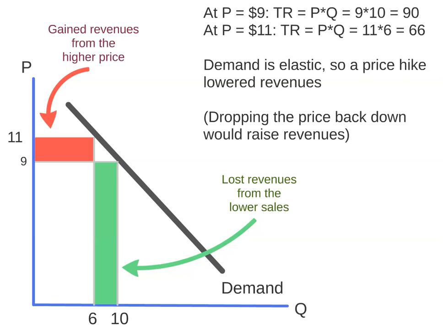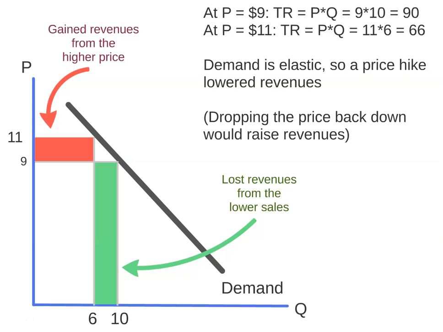That's $9 per unit sold, the length of that green rectangle, times 4 units no longer sold from the higher price. 9 times 4 is 36. So we've lost $36 of revenues by losing those sales, and we've gained $12 by increasing the price and making more money on the sales we continue to make. So the net effect is a $24 drop in total revenues.